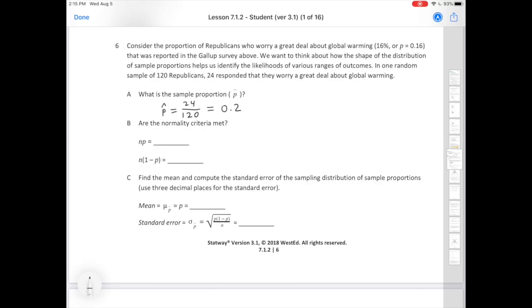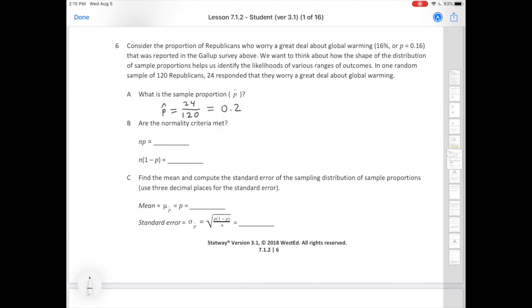You'll notice, by the way, that p is 0.16. We don't expect our p hat to match p exactly, right? That's the whole point. The samples are always a little bit different. So let's see if this sample size is big enough. Is the normality criteria met? Well, let's figure out what n times p is.